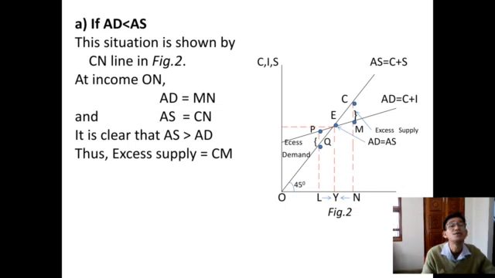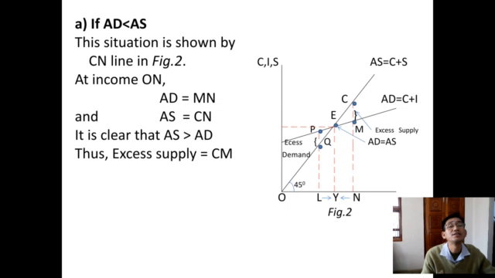Aggregate demand is represented by MN, and aggregate supply is represented by CN. It is clear that AS is greater than AD.